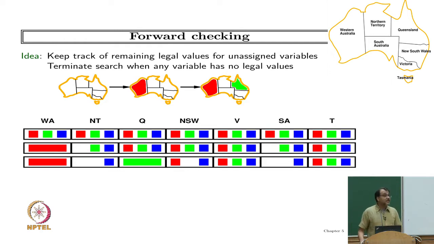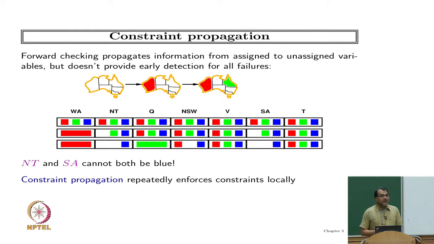Why is there no solution here? Because at this point both Northern Territory and South Australia have only blue, and they both cannot be blue.